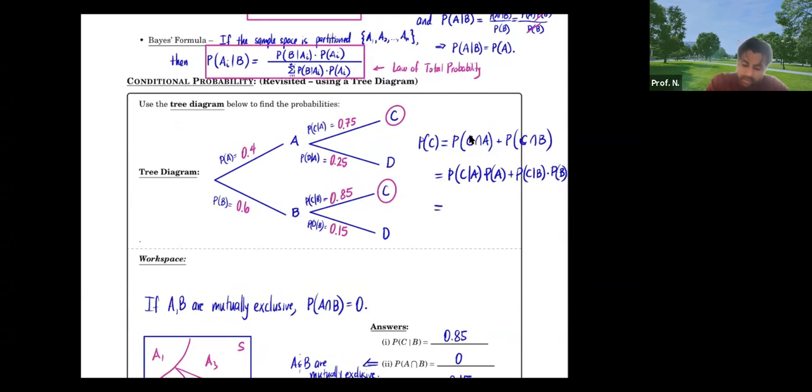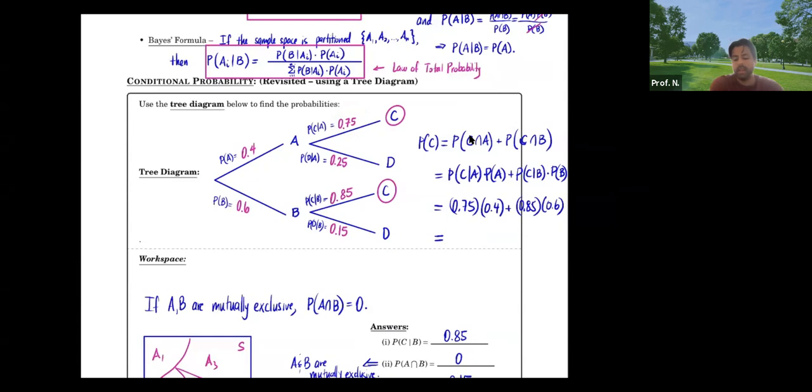Now, what's the probability of C occurring given that A occurred? 0.75. The probability of A occurring is 0.4. The probability that C given B occurs is 0.85. And the probability that B occurs is 0.6.